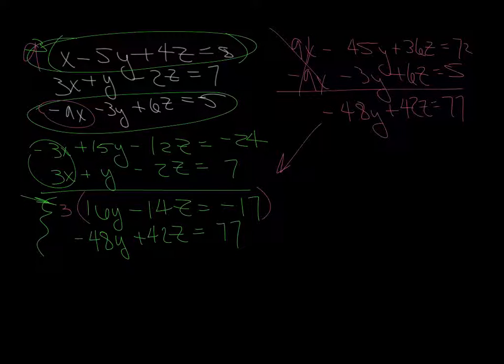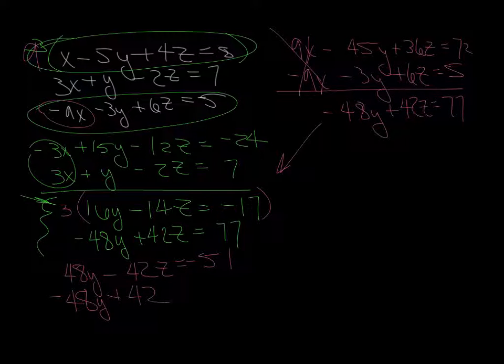And then that gives us a 48y minus, let's see, 14, 28, 38, 42, 17, 34, 44, 51. Okay, so I just rewrote that there, and let's see what we get here.